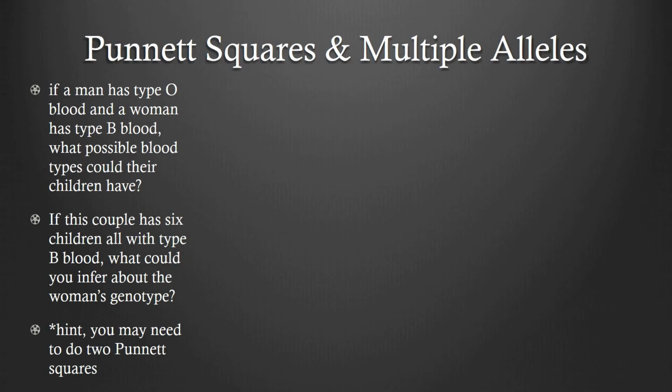So go back to our question. Let's draw out what the man has. Man has type O, so the man is going to be ii, 2 lowercase. And the woman is going to be 2 possible ones, which is I^B i or I^B I^B.